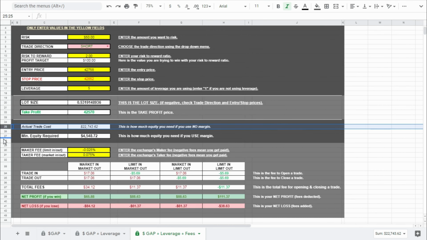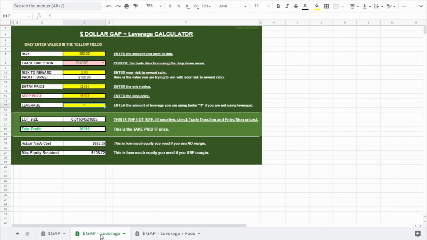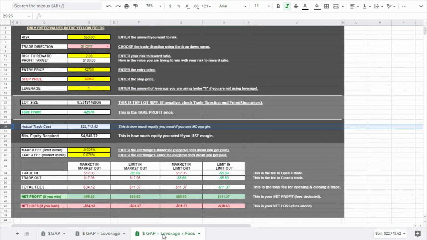Whereas before, we were looking at 138.72, now you need a minimum of $4,548.72 in order to make this trade. So, same risk to reward, same leverage, but it's going to cost you a lot more because we're playing with a much smaller percentage move.